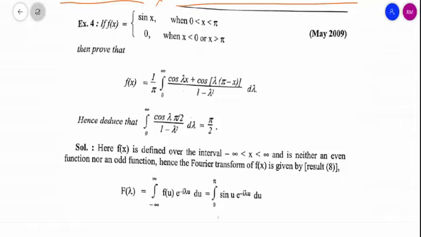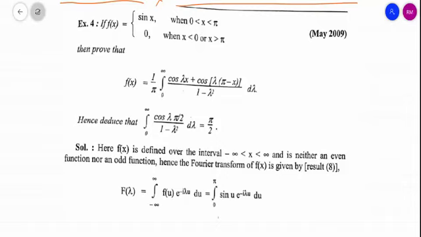How we can observe? Because here it is written that if x is negative, if x is less than 0, it may be minus infinity to 0 also. So from this we get the information that f of x is defined over the interval minus infinity to plus infinity.